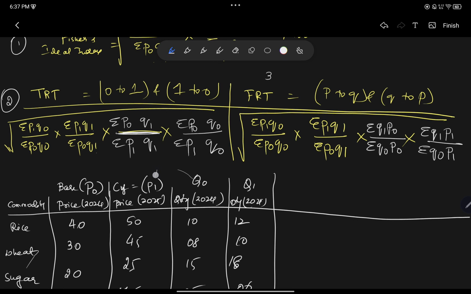So P1 is this column, Q0 is this column. I will multiply. I want P1 into Q0, right?